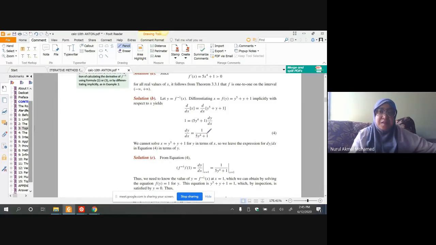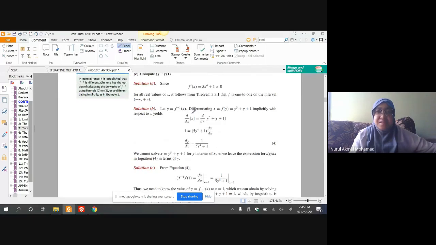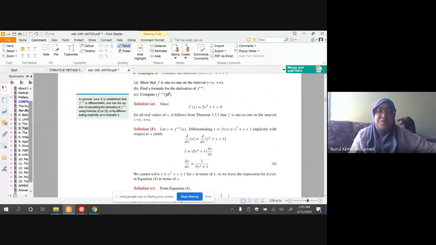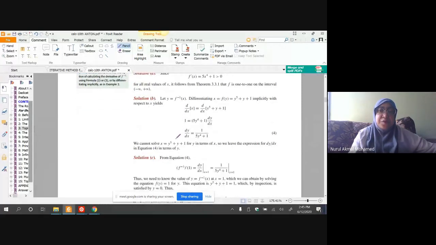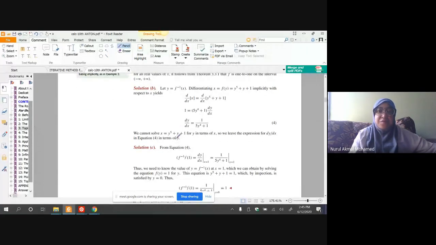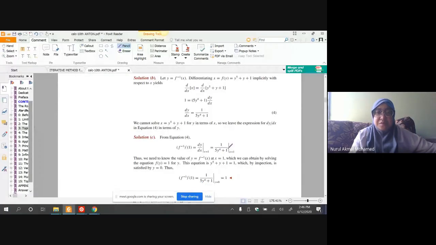And then for part C, compute the derivative of f inverse when x is equal to 1. So dy/dx when x is equal to 1, we know that dy/dx is this one. So we just substitute.